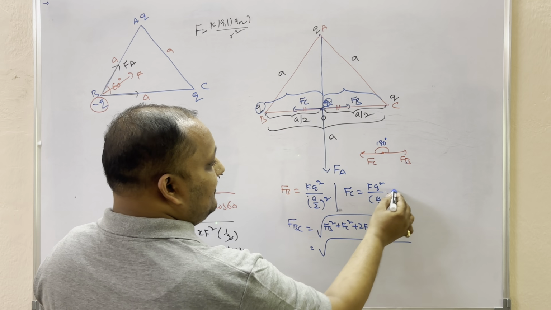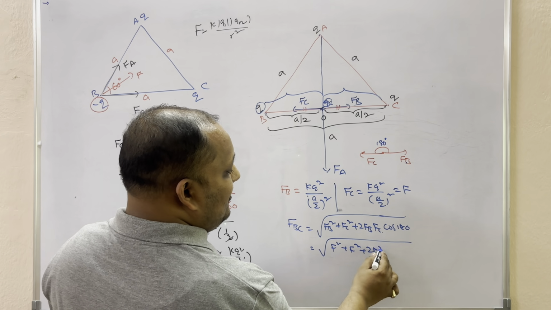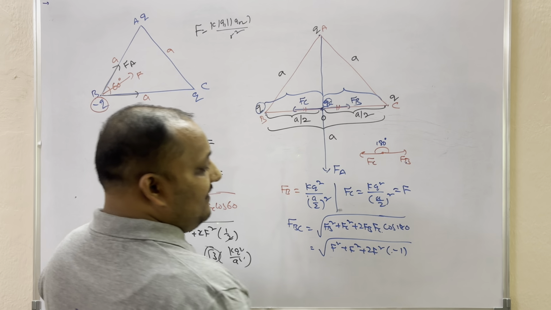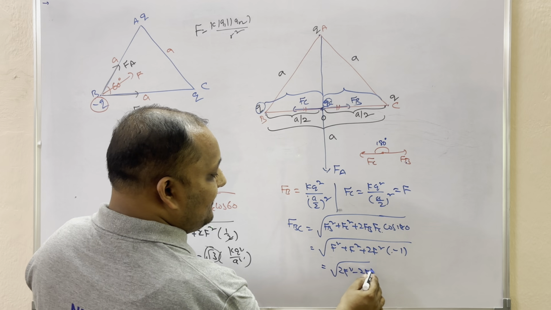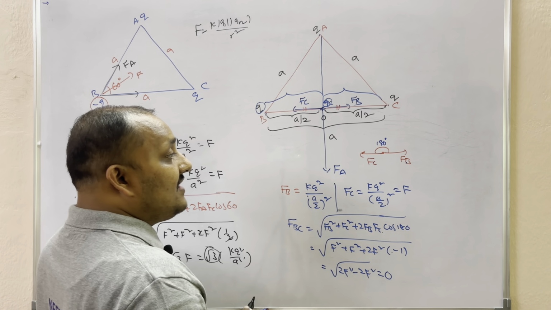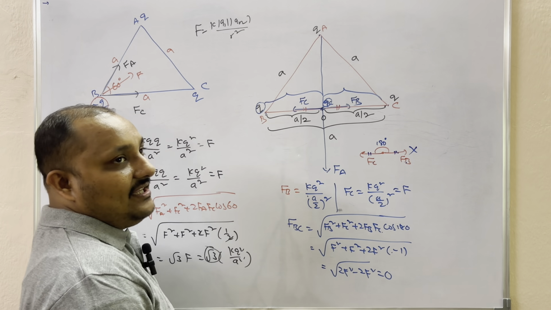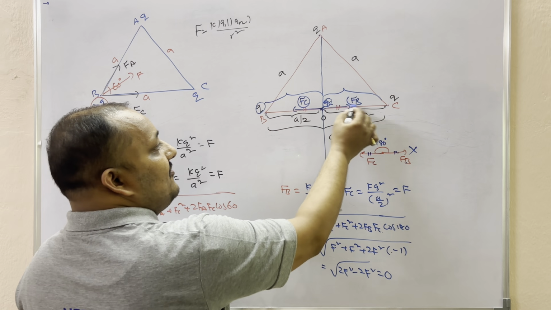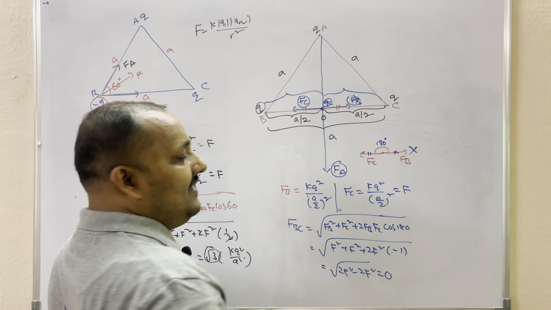Here both are the same. Let us assume this is F square plus 2F square cos 180, the value is minus 1. 2F square minus 2F square. What you got? 0. You don't need to do this much. Whenever two forces are equal and opposite, they will cancel each other. Therefore, FC and FB are cancelled. Now only one force is there, that is going to be FA.